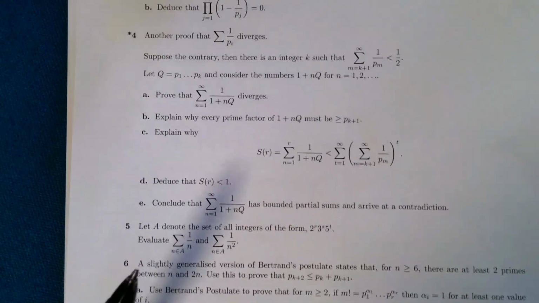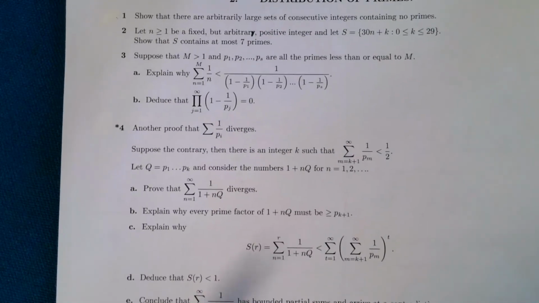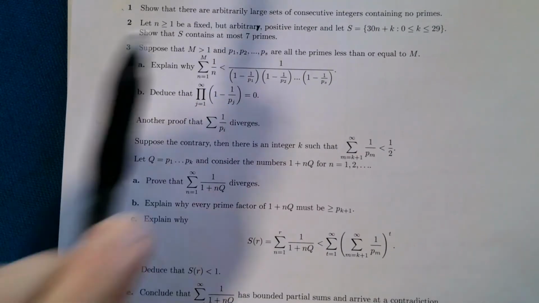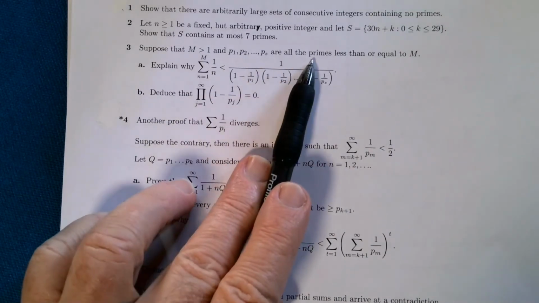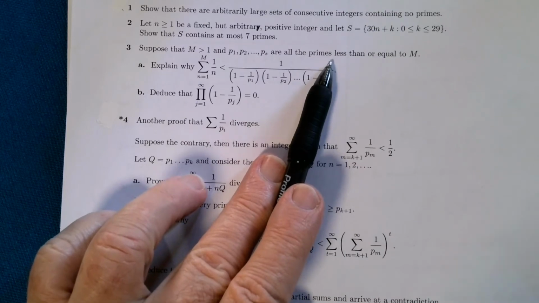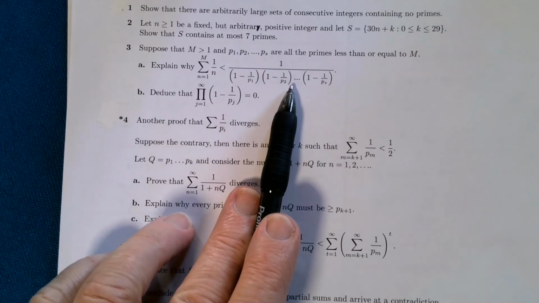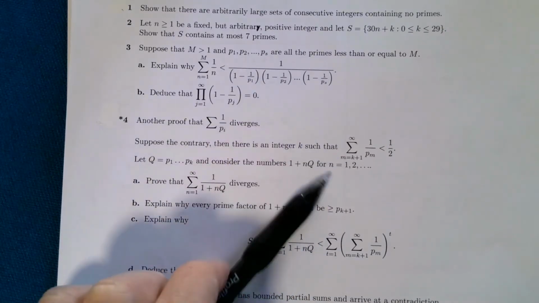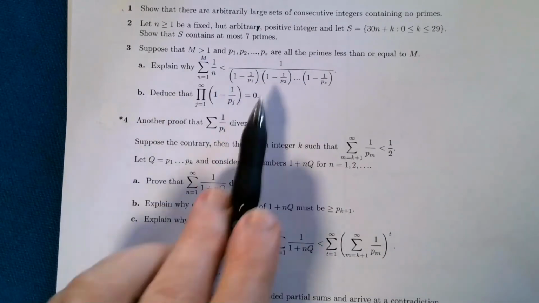Question 3 is a rather nice, interesting problem. We take m bigger than 1 and we take p1 up to ps to be all the primes less than or equal to m. And we're going to prove this little inequality here. It says that the partial sum of 1 over n for n equals 1 up to m is less than this product.